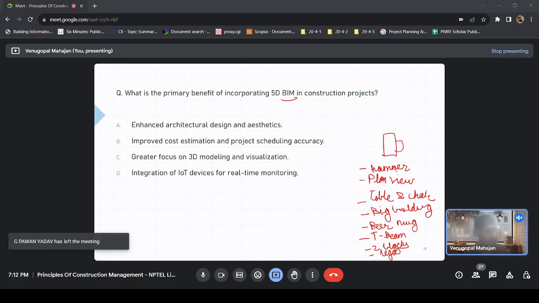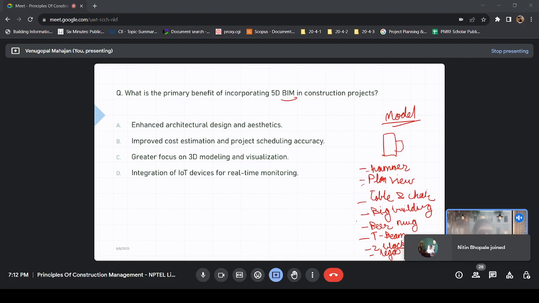So what you guys just did is that you had a model in front of you, and from whatever angle you saw it, you could see different shapes and things: a hammer, a plan view, table and chair, bada bhai, chota bhai, anything.